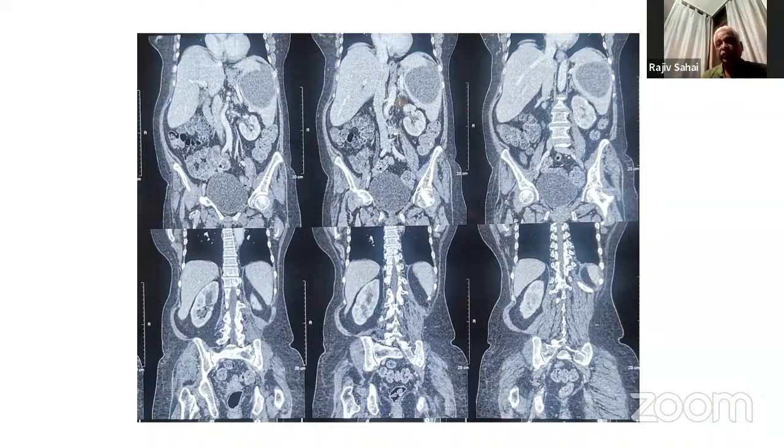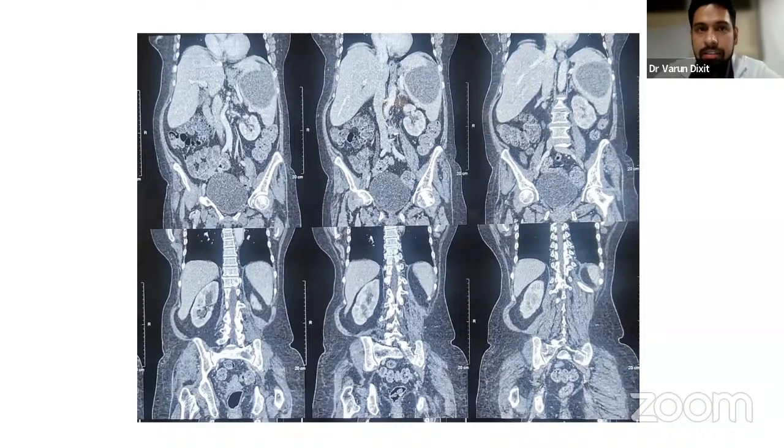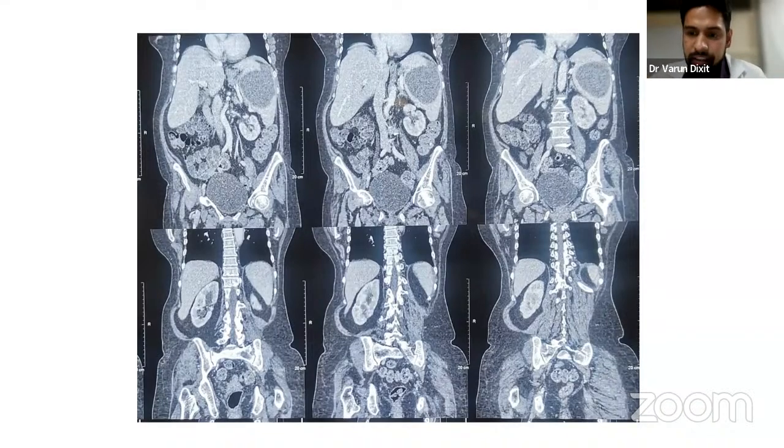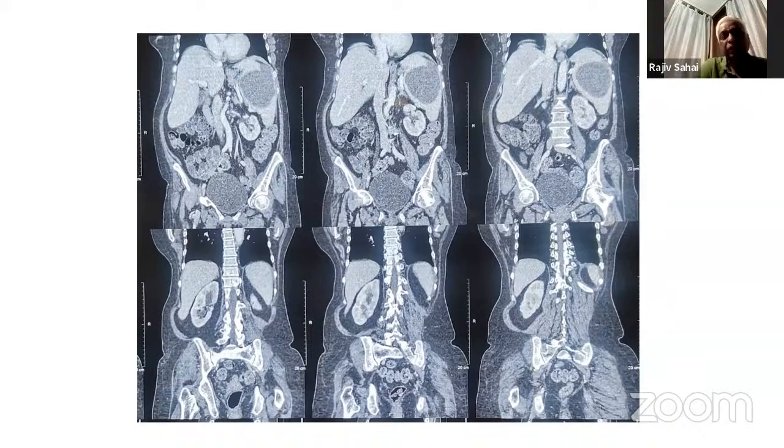So why do you think oral contrast was not given? Because we were not suspecting any intestinal pathology or obstruction for which we had to give oral contrast, and we gave IV contrast.